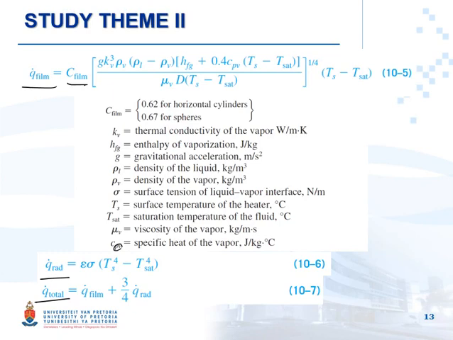So that's the reason there is a correlation. You calculate Q dot film. There is a very simple calculation: you calculate Q dot radiation, and Q dot total for that section is Q dot film plus 0.75 Q dot radiation. But again, if you remember, I told you about at what temperature to read properties.